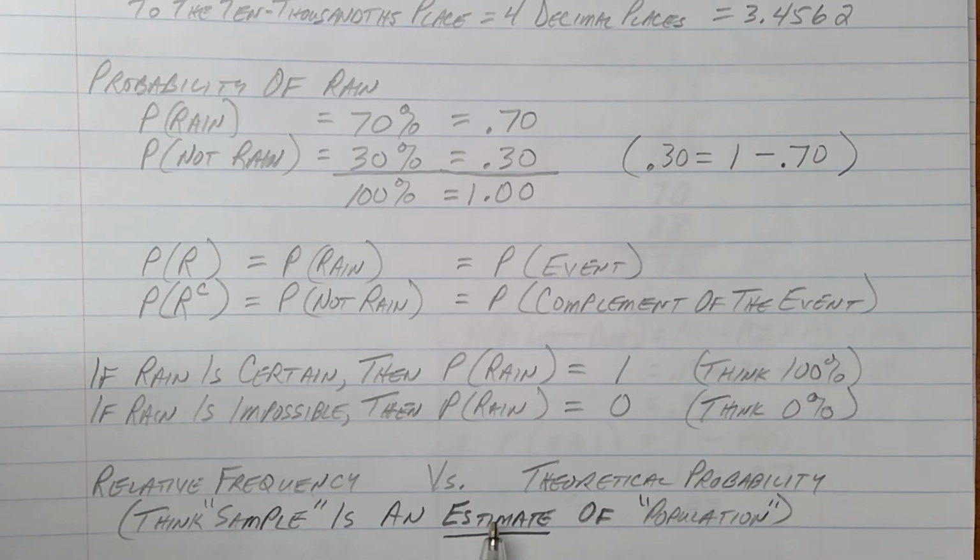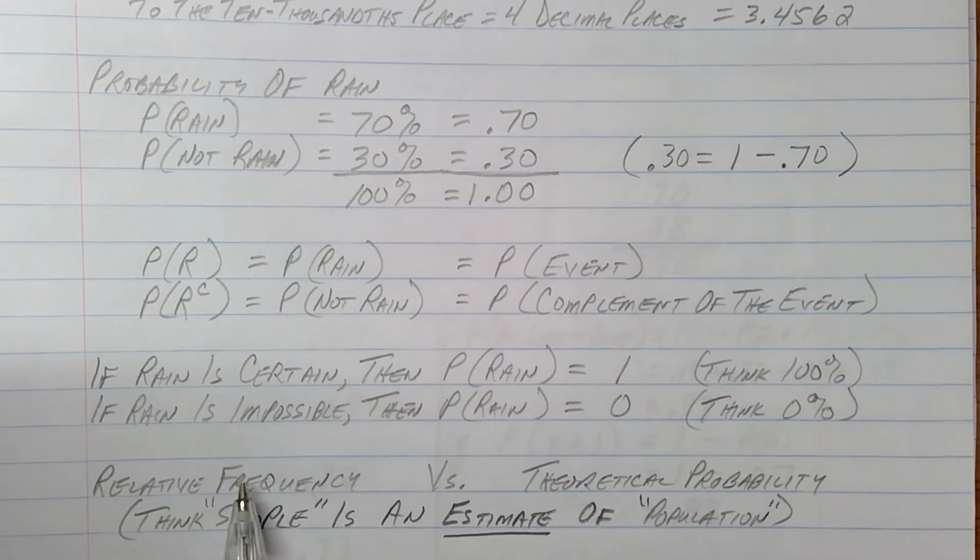Well, that's an estimate of the average weight of a fish in the lake. That's an estimate of the population. This number that we'll never really know, because we'll never be able to gather up all the fish in the lake and weigh them and add up that weight and divide by how many there are. We'll never be able to do that, but we can make an estimate of it with our sample.